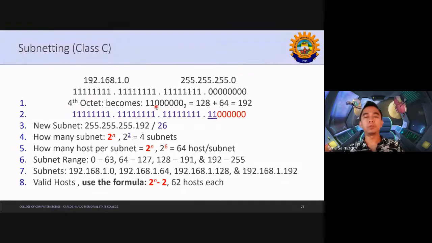With this example, you are going to add two ones in the fourth octet. So you have this CIDR notation in your subnet mask only.